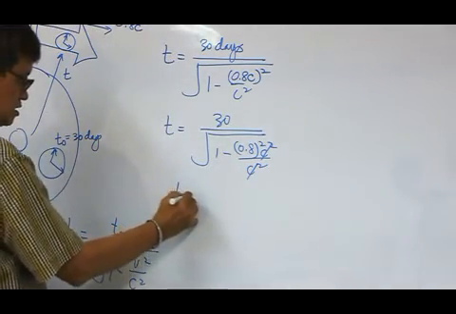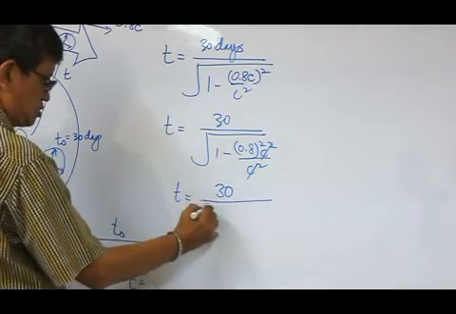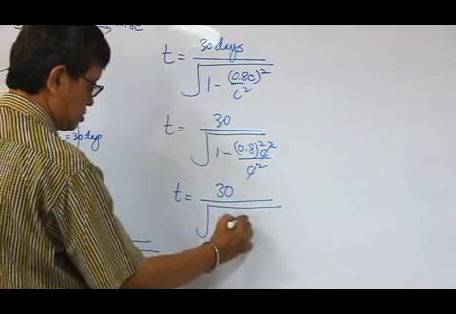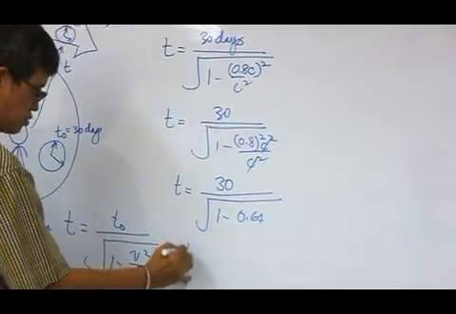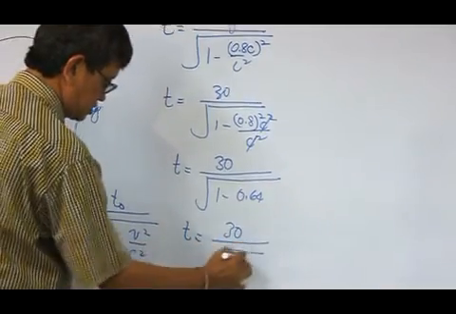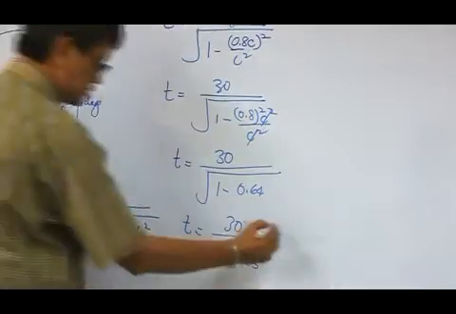And then further simplifying the equation, T will be equal to 30 over the square root of 1 minus 0.64. The difference between 1 and 0.64 is equal to 0.36. And we know that when you get the square root of 0.36, the result is 0.6.